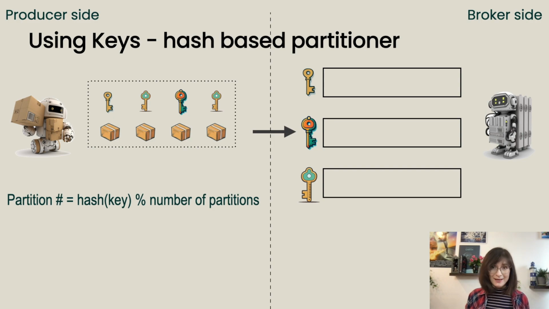This allows us to guarantee that all messages with the same key will be stored in the same log, in the same partition, and the order of those messages with the same key will be preserved. Because in distributed systems, we write data here and over there, and then somehow we connect and process it.